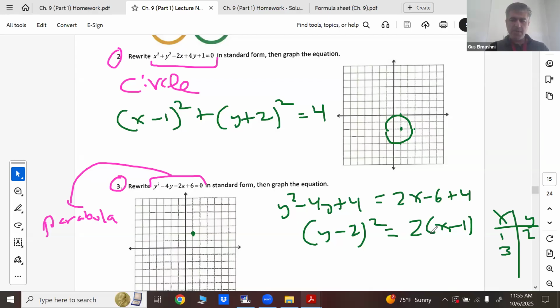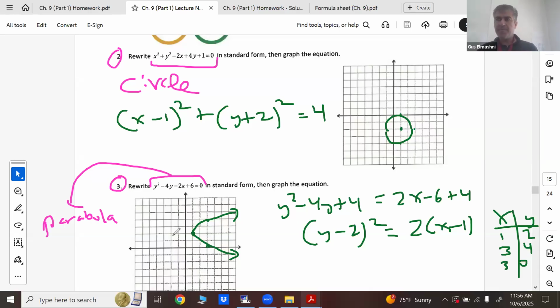If x is 3, that makes the other side 4. So y would have to be 4 or 0, I think.